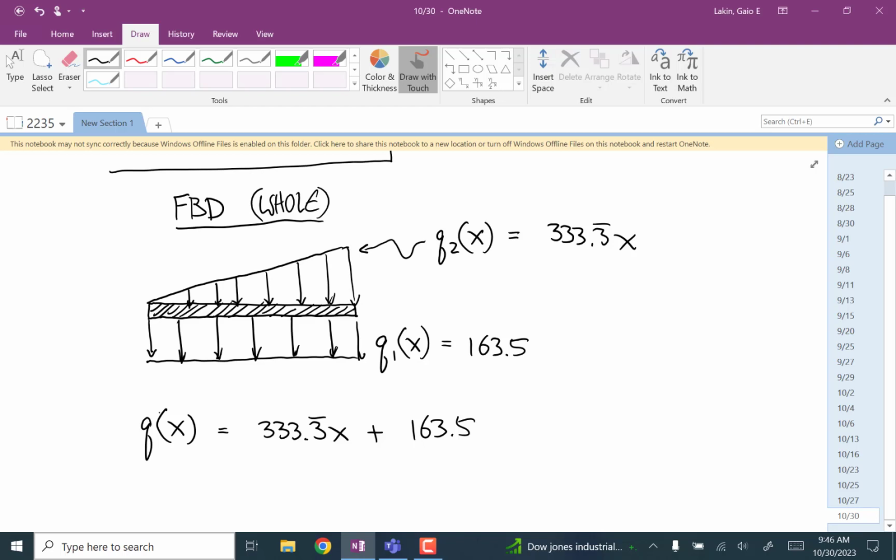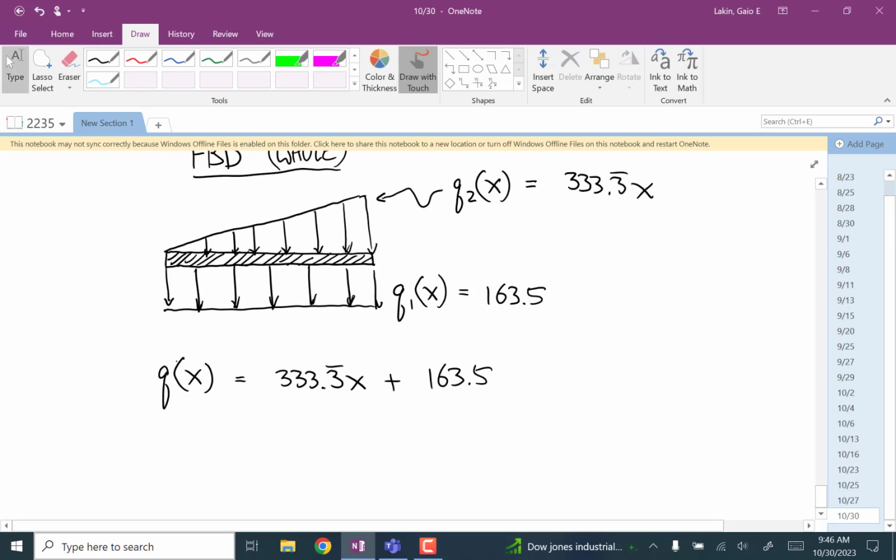You don't have to think about that yet, but if it doesn't come out that way, then the derivative thing isn't going to work. So remember that if you have multiple distributed loads, the Q function that you're talking about is the sum of the two functions.